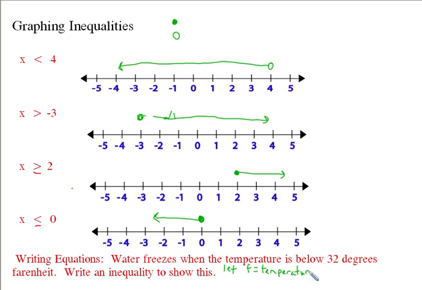And then all I would do to indicate that is say T and 32. So when the temperature is below 32 degrees, or I suppose it's actually below or equal to in this case, it should be like that. Then it freezes, and that's how I'd indicate that.